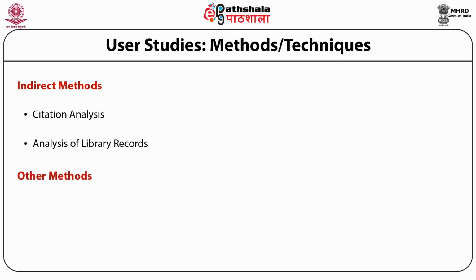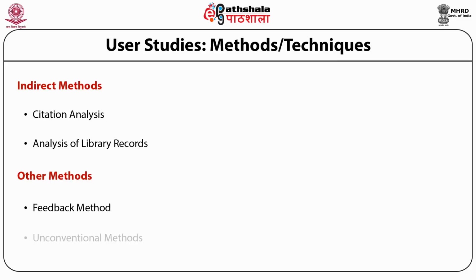In addition to these direct and indirect methods, there are other methods also which are sometimes taken into consideration while undertaking user studies. These include the feedback method. Feedback is obtained from the library users after providing them with any information service or information product.